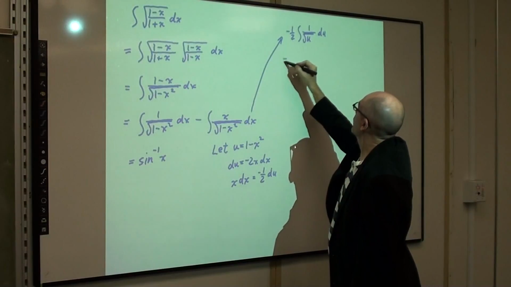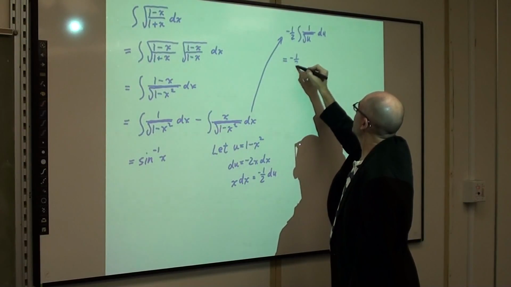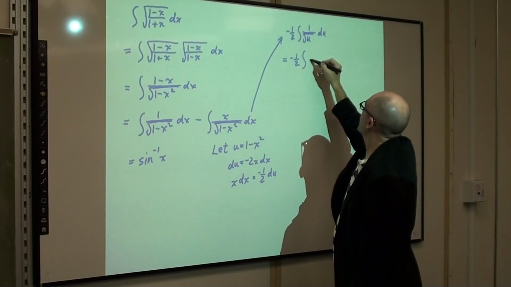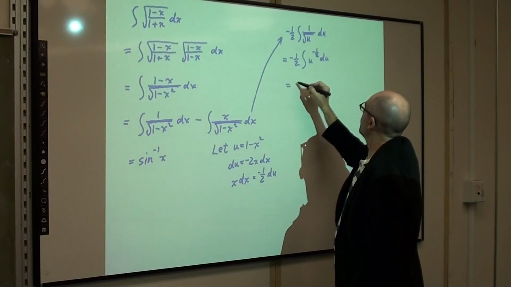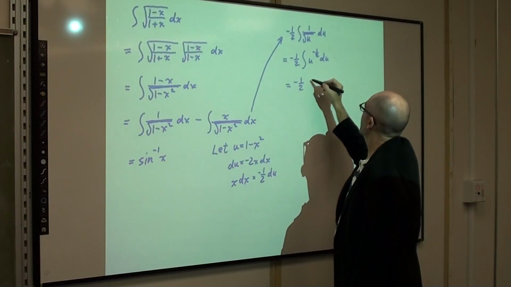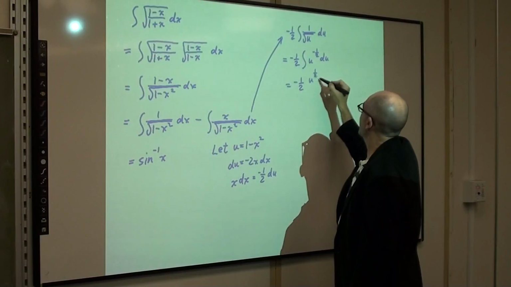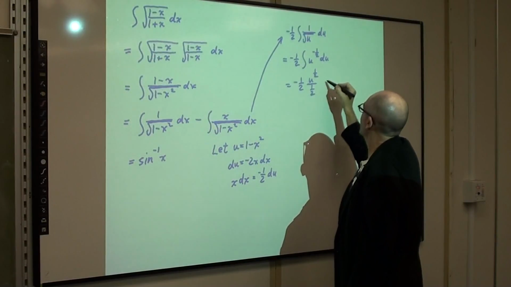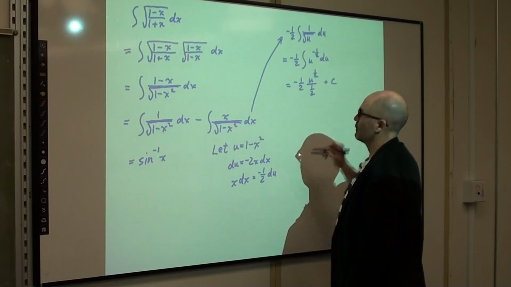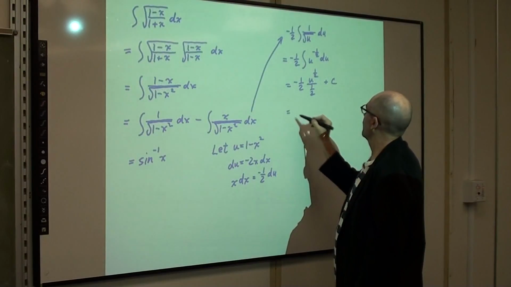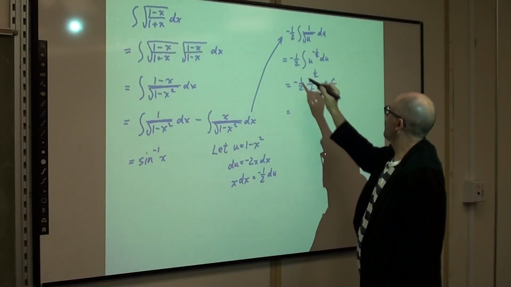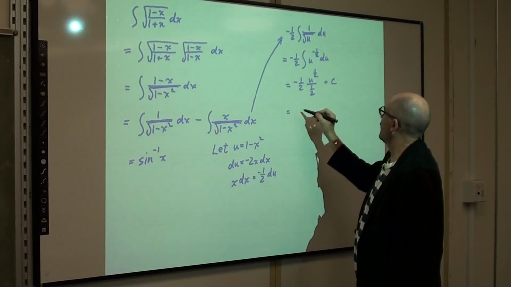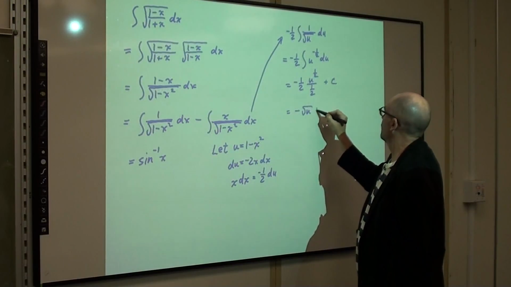And so this equals negative 1/2 integral of u to the negative 1/2 du, which equals negative 1/2 u to the 1/2 over 1/2 plus c, of course, which equals, the 1/2 over 1/2 cancels, and we're just left with negative square root of u plus c.